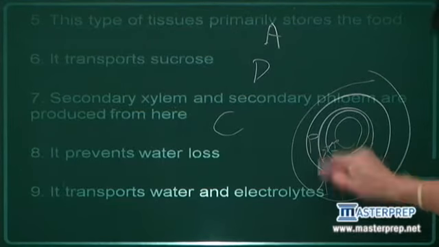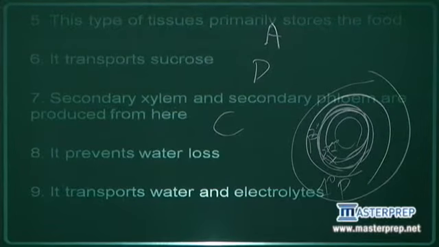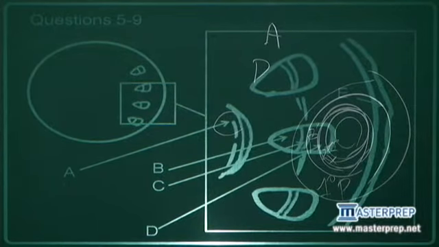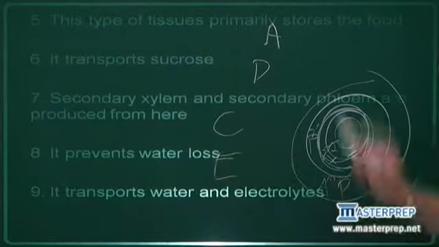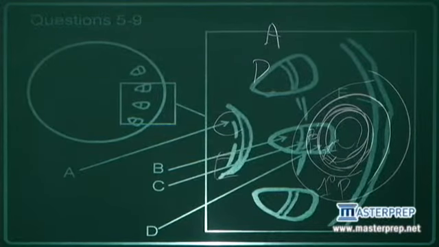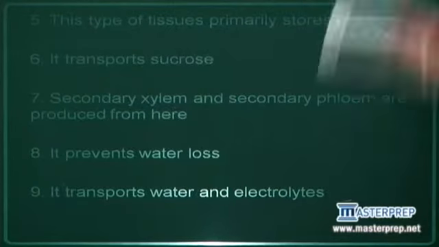So this is secondary, and cambium in the middle. Okay, number 8, it prevents water loss. Water loss is prevented by the outermost layer, which is epidermis, right? So number 8 is E. And number 9, it transports water and electrolytes. This is the role of xylem, which is indicated by B. Okay.